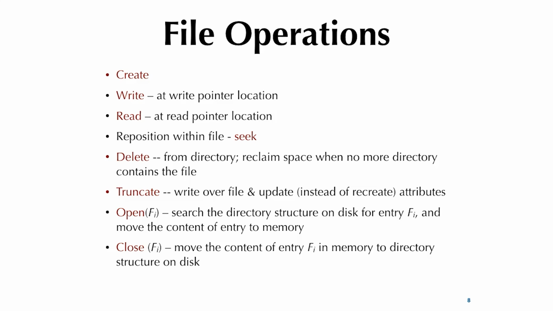Open means you have to do it in the context of a directory, the current directory or a given directory. Search in there by name to see if you can find it. And for reading, yes, you want to find it. For writing, well, you might think twice about whether you want to create it or you want to override it.